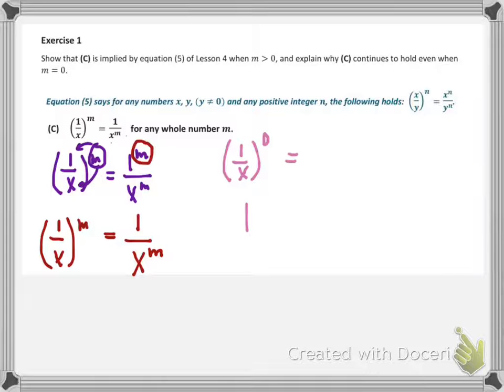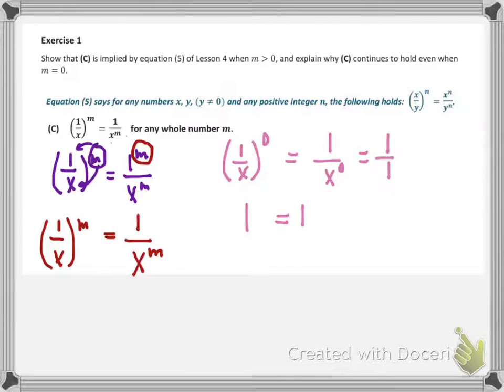Then on the right side, with m equal to 0, we have 1 over x to the 0, and anything raised to the 0 power is 1, so we have 1 over 1, and 1 divided by 1 is equal to 1.